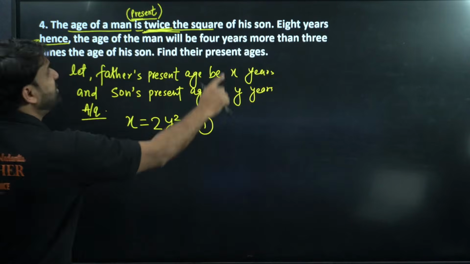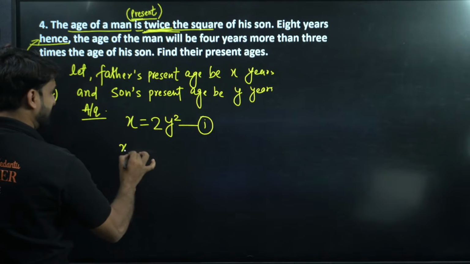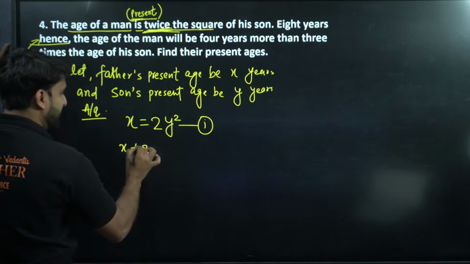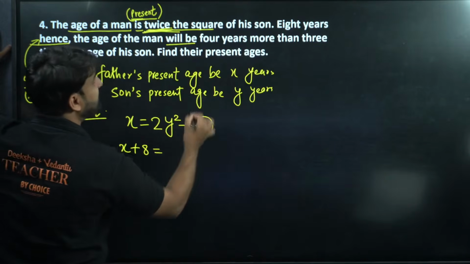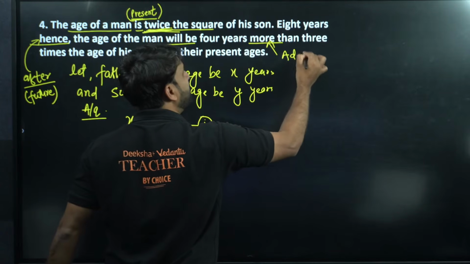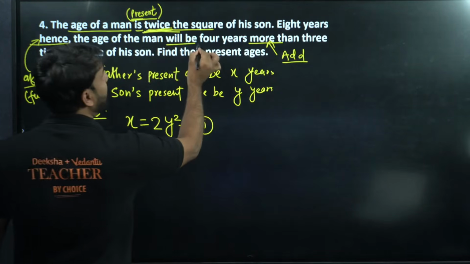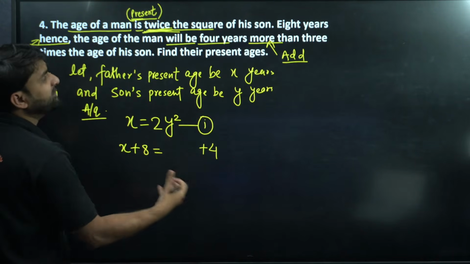Now the question says 8 years hence the age of man, X being the present age. So after 8 years we can write X plus 8 is equal to 4 years more. More means addition, so we have to add 4. To what will this 4 be added?